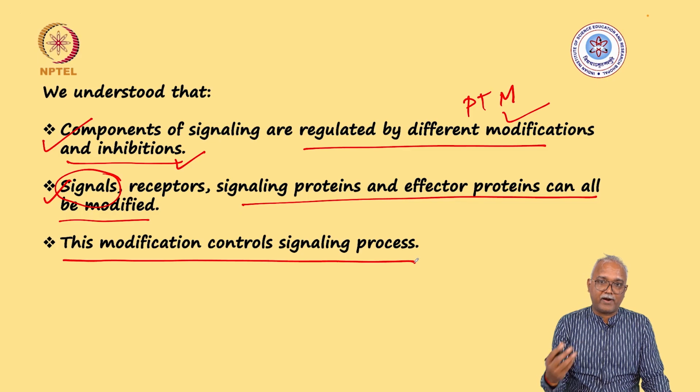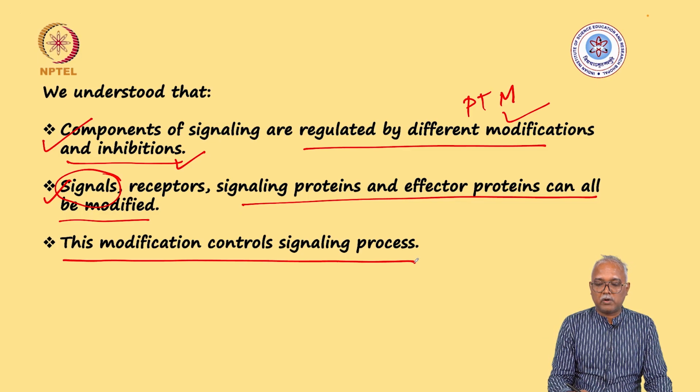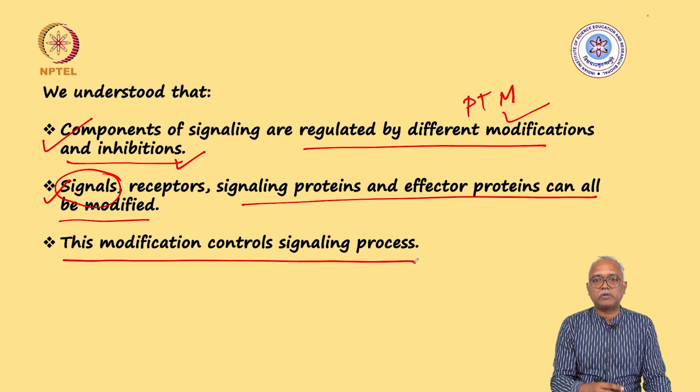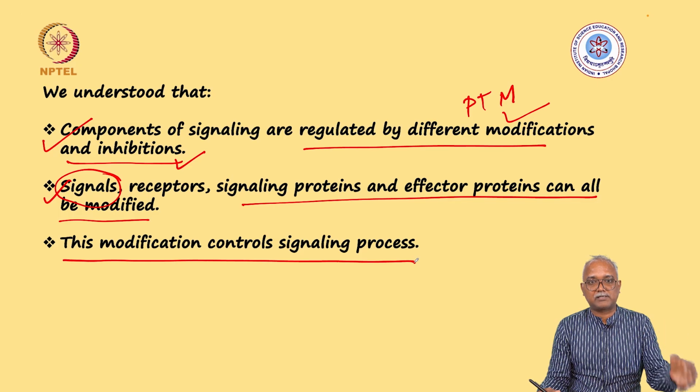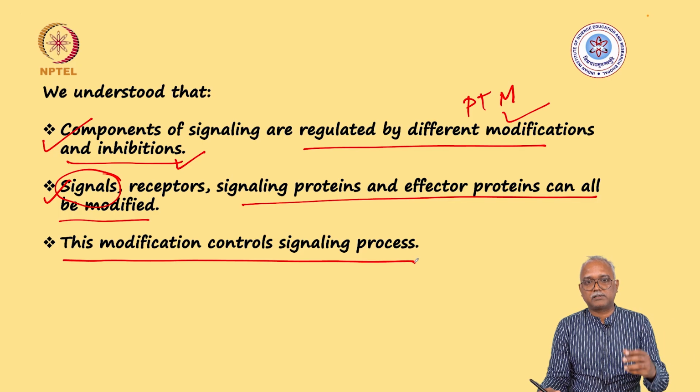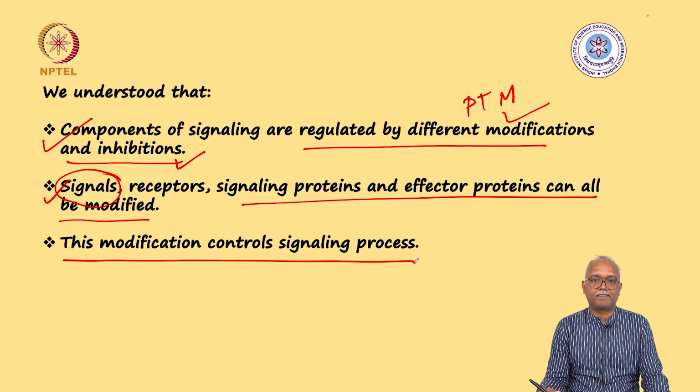You may activate the signaling by modification, or you may inhibit the signaling by the modification process. So in a nutshell, we understand how the signaling process is regulated at different steps, whether it is the signal which is being regulated, the receptor being regulated, or the effector molecule being regulated.